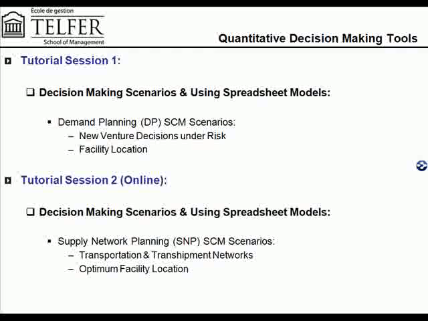ERP systems in particular would have different functional modules that have the functionality to work with the types of problems that we are using Excel spreadsheets for. But just to show you what the functionality is and how various algorithms work, how various programs work, that's why we're looking at Excel spreadsheets as the tool of choice.